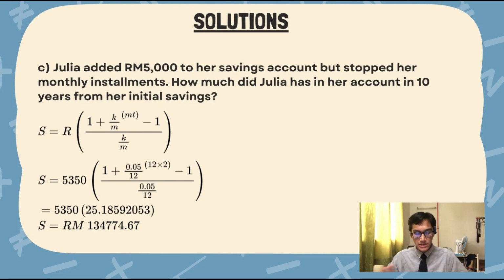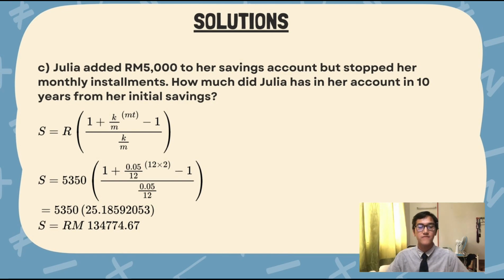Then we have all the information that we needed from the context of the question. Then we just apply it to the formula, and you get the answer, which is RM134,774.67. That is all from me. Thank you.